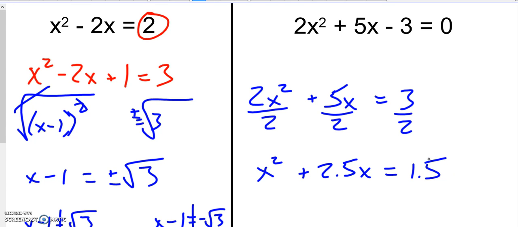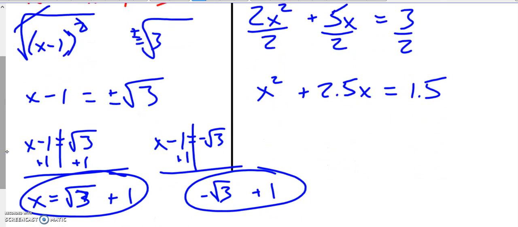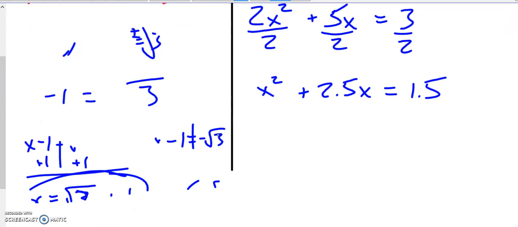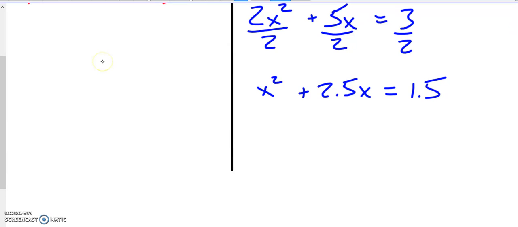So this is going to get a little bit different, because now I'm going to have to erase this here. When I use my formula here, b is 2.5. So I'm going to have to go 2.5 divided by 2 to the second power.